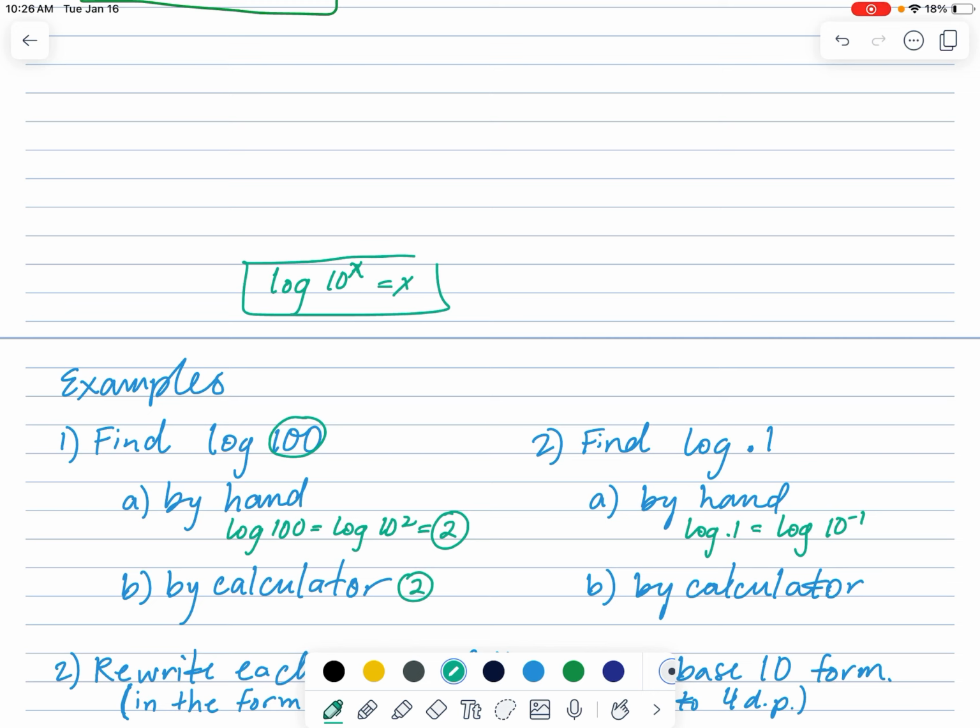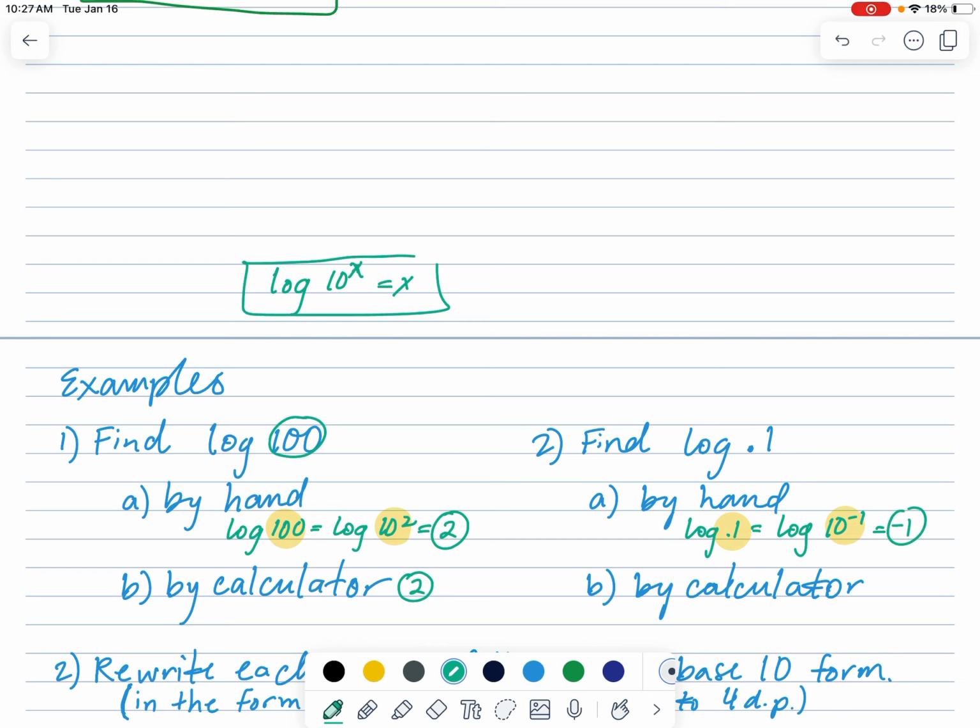So we're just starting by rewriting that argument as a power of 10. That's what we did over here. We rewrote the 100 as a power of 10, or 10 squared. Now we're rewriting the 0.1 as a power of 10, or 10 to the negative 1. And then the log and the base 10 cancel each other out, and our answer is negative 1.